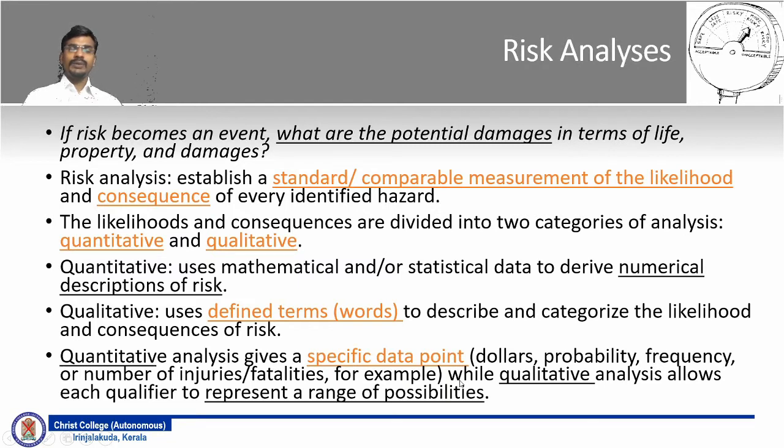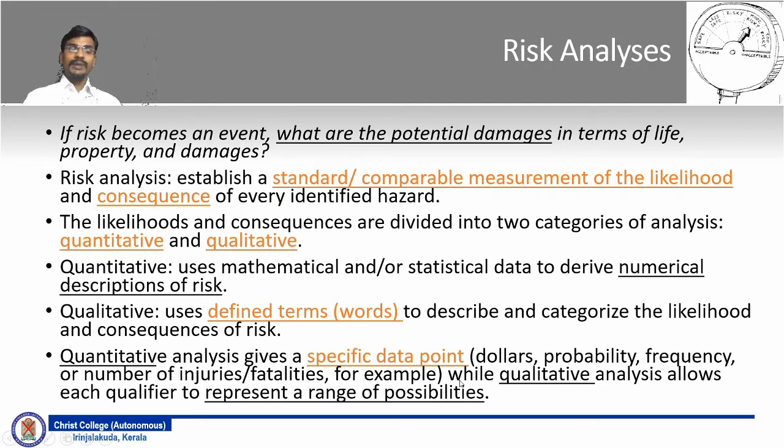In the quantitative analysis, it uses mathematical and/or statistical data to derive numerical descriptions of risk. Whereas the qualitative analysis uses defined terms, or rather words, to describe and categorize the likelihood and consequences of risk.